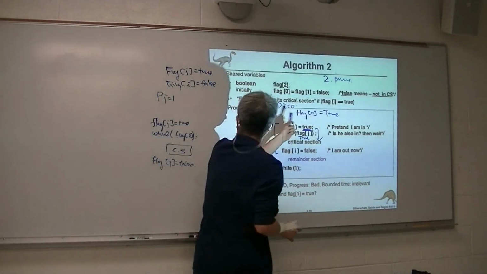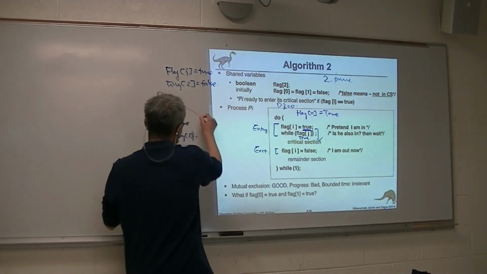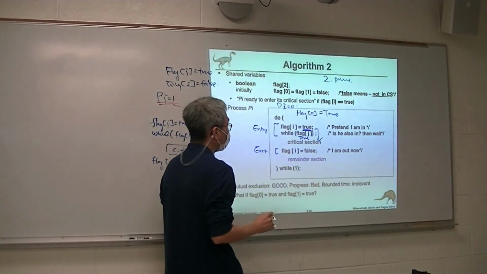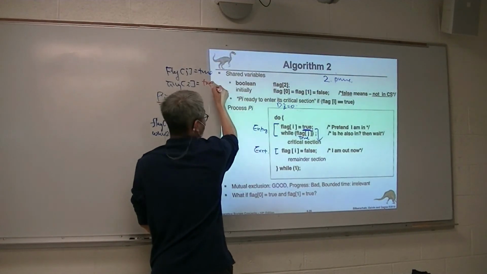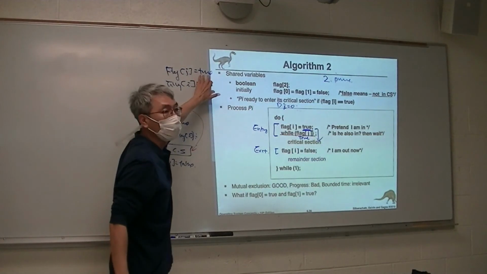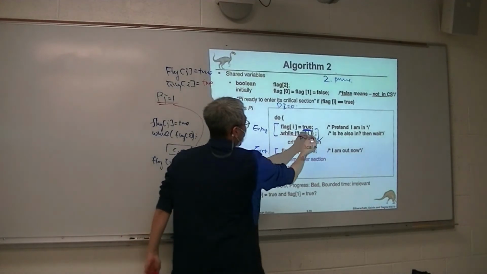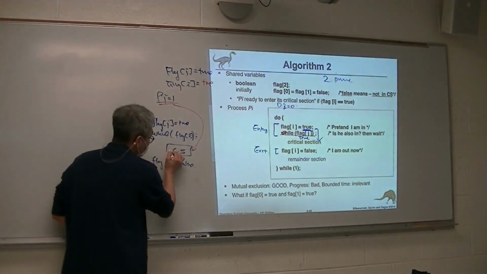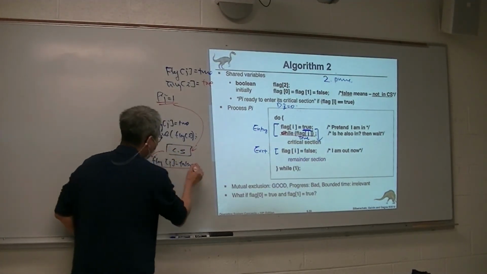Then this one enters the critical section. Then if process 1 would like to enter the critical section, its flag will be changed to true. But when we check the other process, process J is true, right? So it's an infinite loop, forever. Until when? Until process J exits the critical section, saying the flag, I'm done.